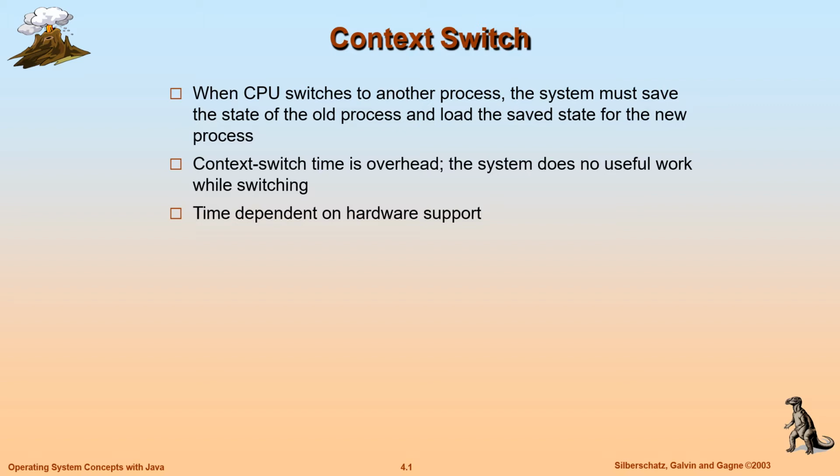When an interrupt occurs, the system needs to save the current context of the process currently running on the CPU so that it can restore that context when its processing is done, especially when suspending the process and then resuming it.